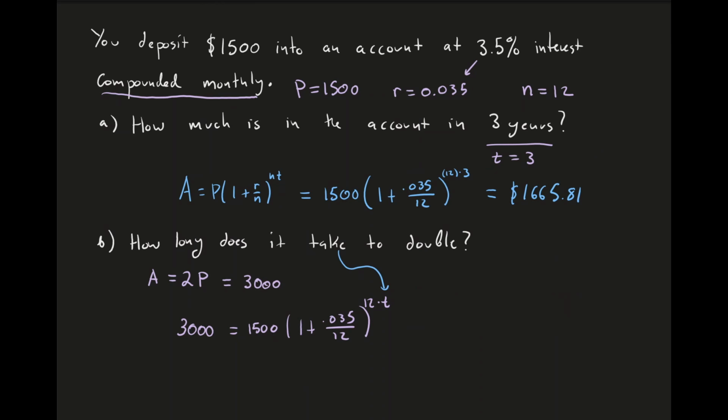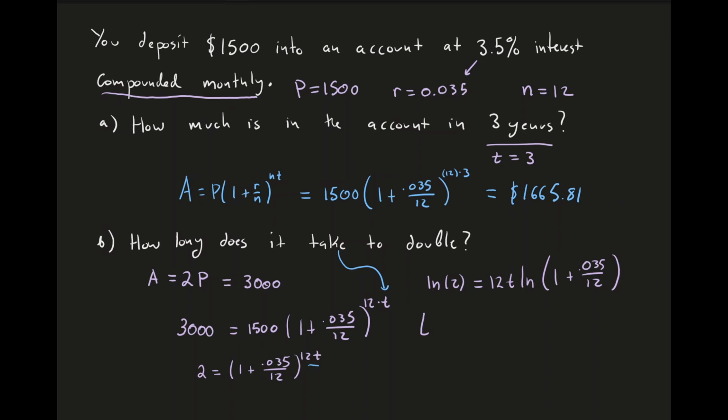Dividing by 1,500, I get 2 is equal to (1 plus 0.035 over 12) to the 12t. What we want is in the exponent, so I need to take a logarithm. Taking the log of both sides, I'm going to use the natural log. We get log of 2 is equal to 12t times log of this pretty annoying looking thing.